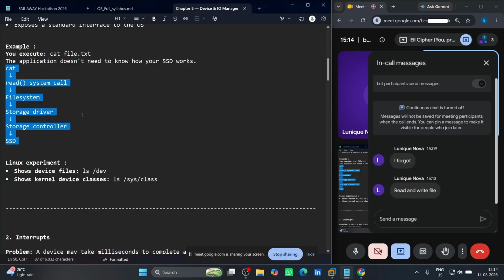We need not remember this flow, but we actually need to understand how things work. The more you interact with the command flows, the better your understanding will be of how things work if you forget something at a particular place. So when we execute cat, it will move from cat to read system calls.